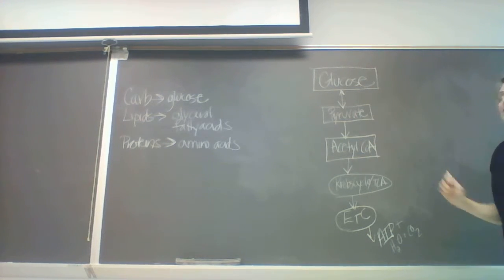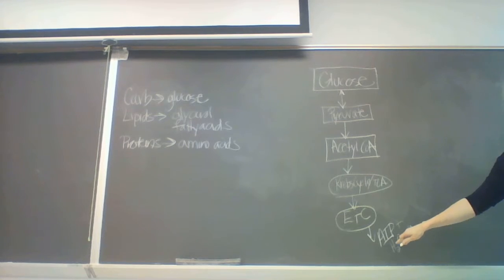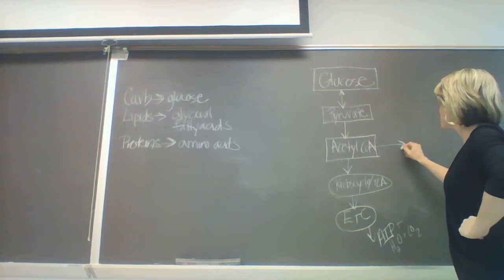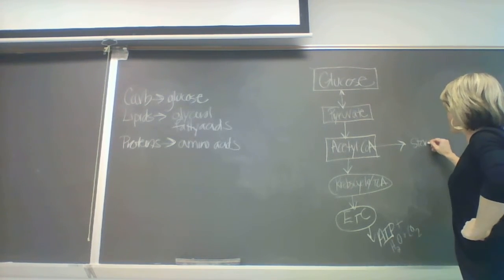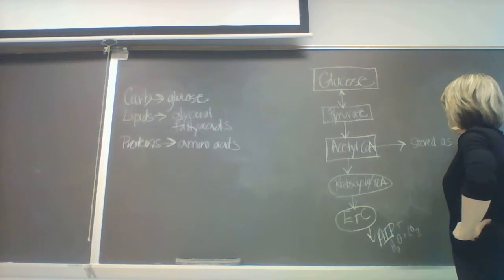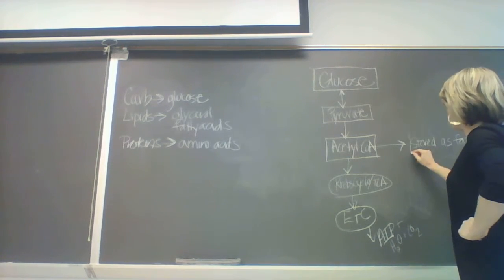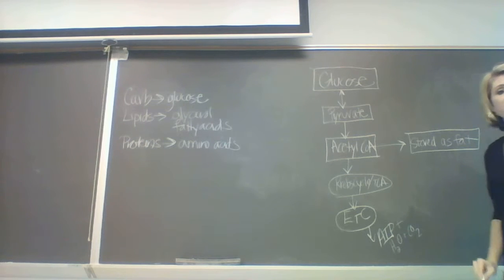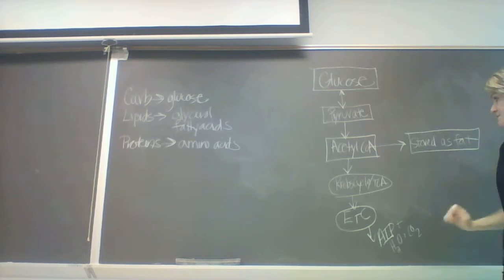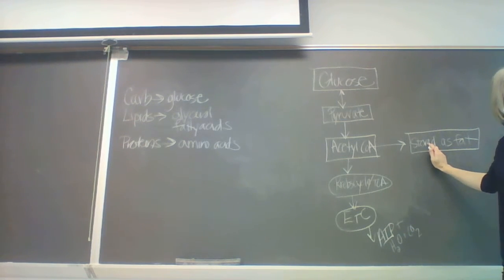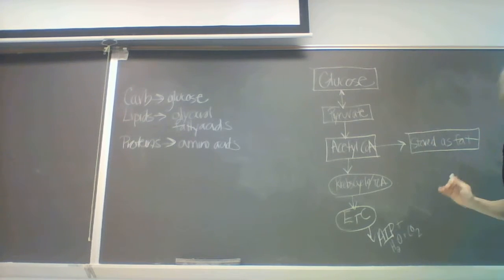But if it gets down to acetyl-CoA and you don't need any more ATP, that extra energy is going to be stored as fat. So acetyl-CoA has two options, ATP or stored fat. Because fat's just the way our body stores energy.